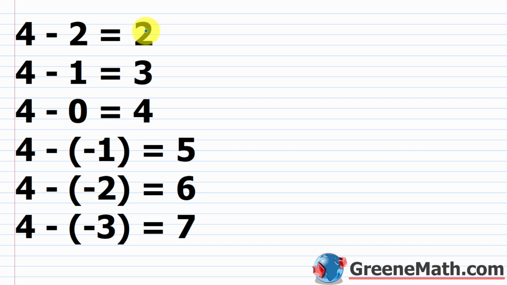So 4 minus 2 is 2, 4 minus 1 is 3, 4 minus 0 is 4. So now when we get into 1 less than 0, well, that's going to be -1. So I have 4 minus a -1, which gives me 5. So it's the same thing as if I said, what is 4 plus 1? Well, that's 5. Then 4 minus a -2, that's 4 plus 2, that's 6. Then 4 minus a -3, that's 4 plus 3, that's 7.